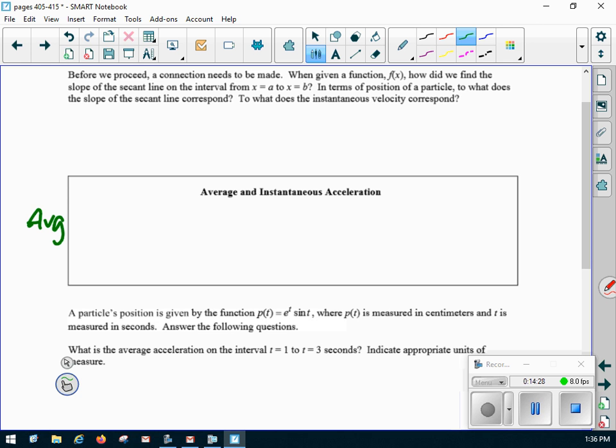Average acceleration is the change. Oh, can you write a little line above what I was just going to write? What do I want to say?